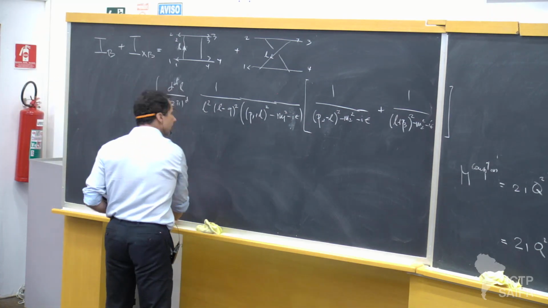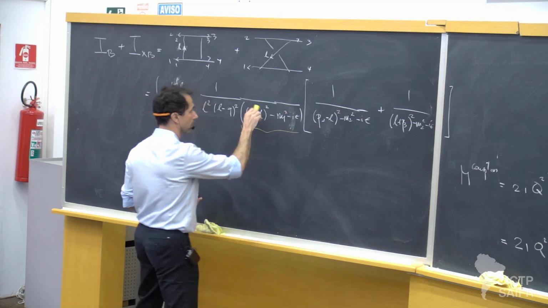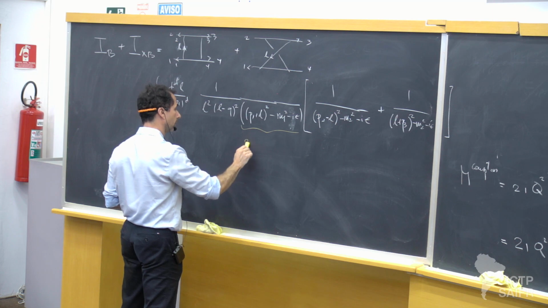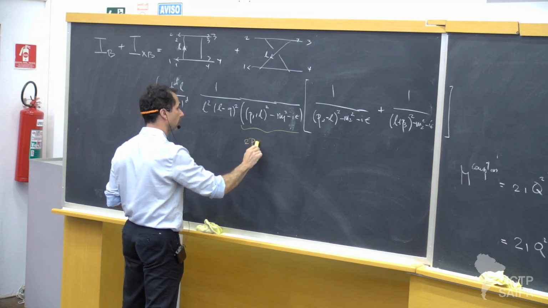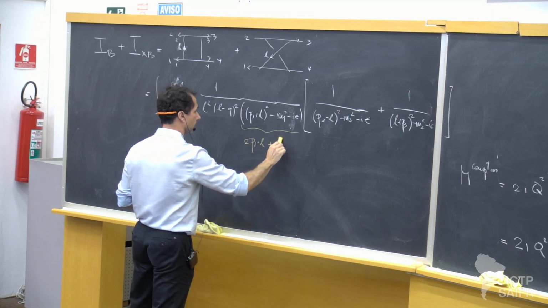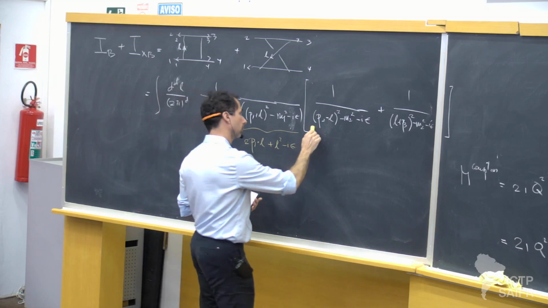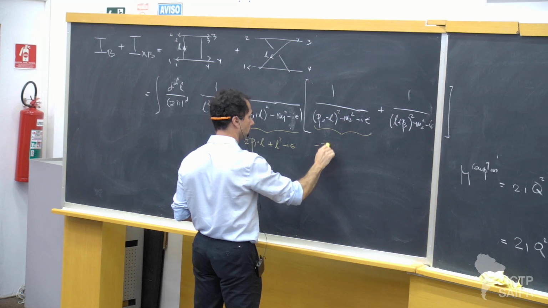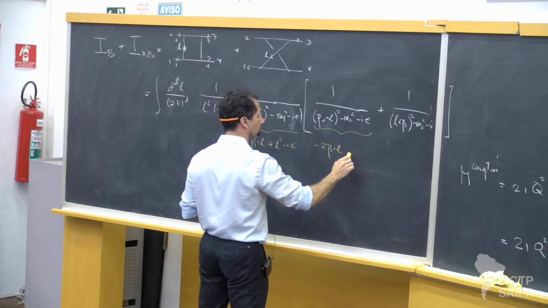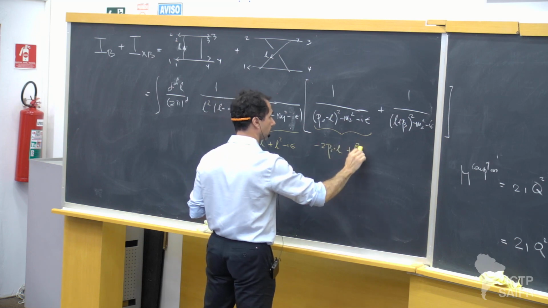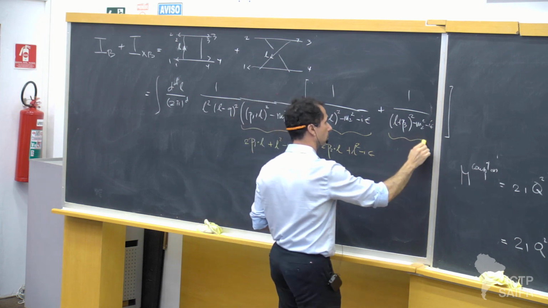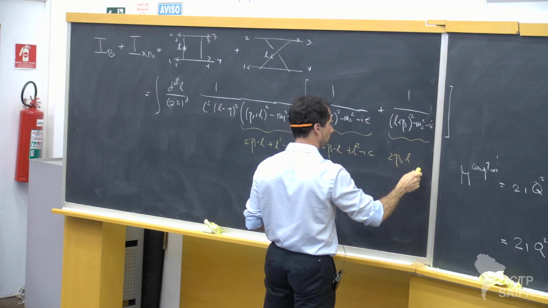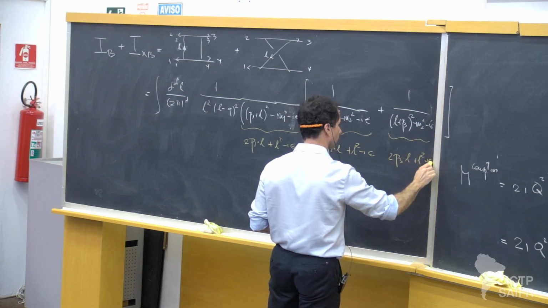This bit here, we can expand the parentheses, and it continues its life as 2 P1·L plus L squared minus iε. This one becomes minus 2 P2·L plus L squared minus iε. And this one is 2 P3·L plus L squared minus iε.